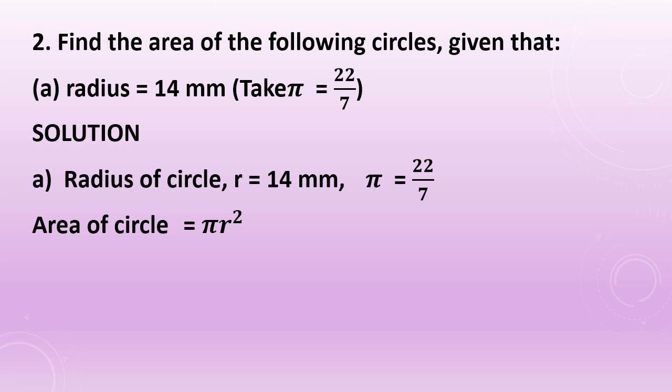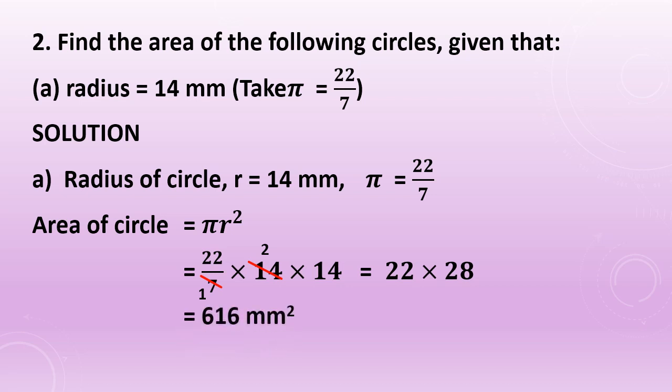Substituting the value, we get 22 upon 7 into 14 into 14. While cancelling 7 and 14, in the numerator we get 2 and the denominator becomes 1. So 22 into 28, which gives 616 millimeter square.